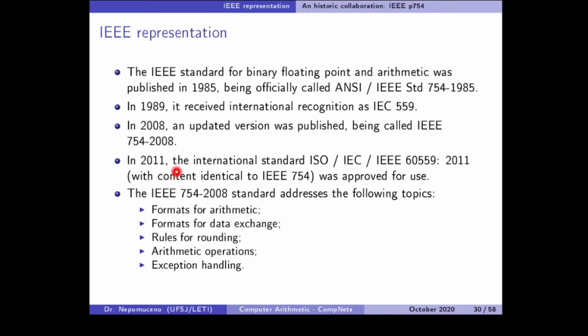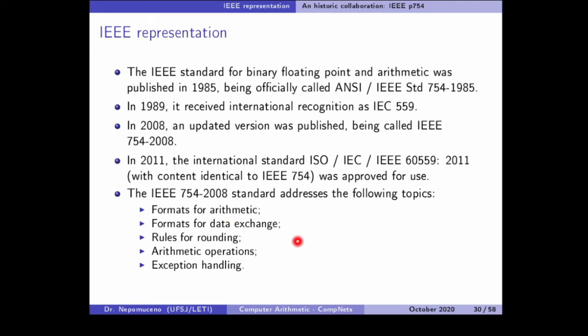In 2011, the international standard was approved for use. And now, in 2018-19, there are some small updates. So there's a new version of this standard that you are not going to see because the changes are not so expressive, but it's worth taking a look.